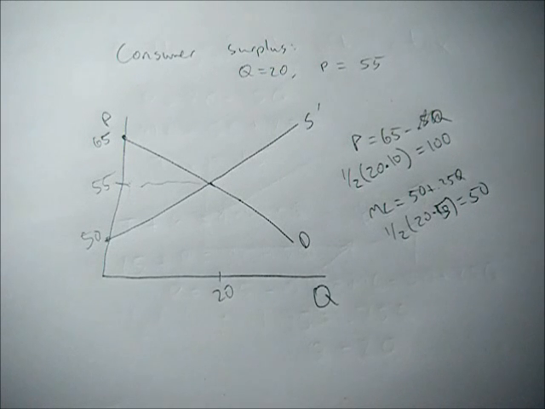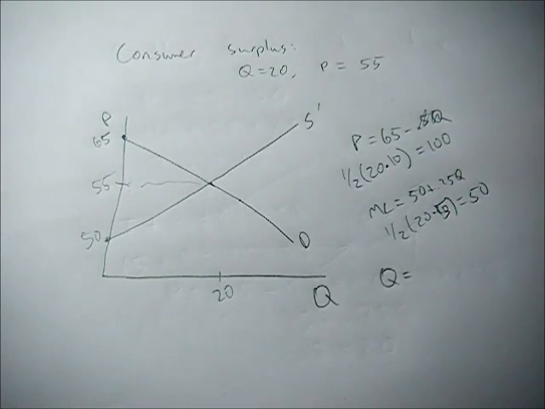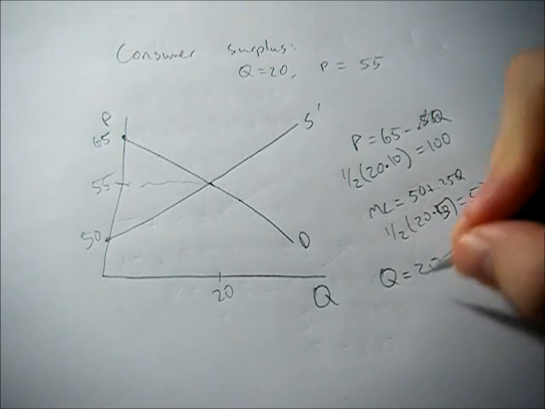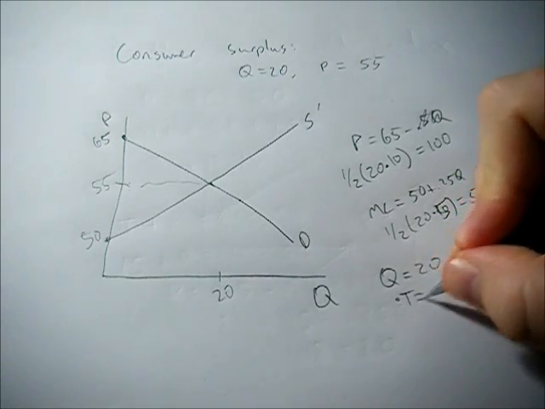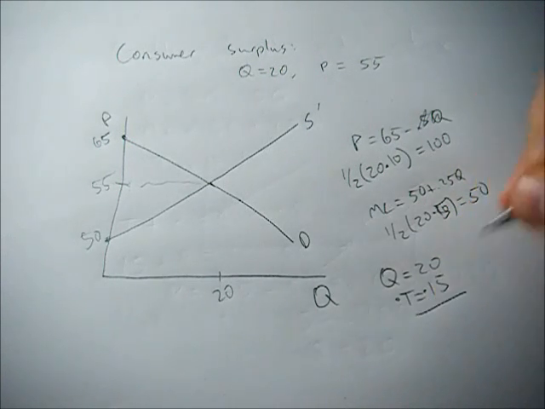Now to get tax revenue, we take our equilibrium quantity, because that's how many are sold, which is 20, times what the tax is, so that's the revenue per unit. So you get 20 times 15. And what's 20 times 15? That's going to be 300.